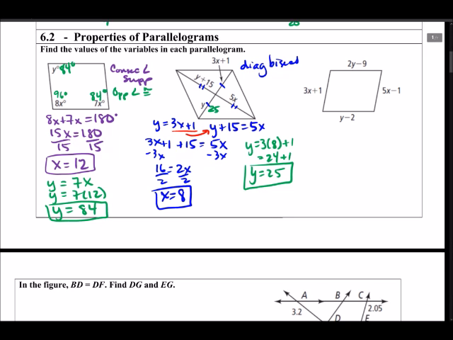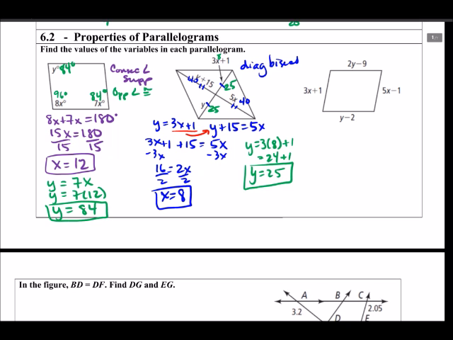What's x? 3 times 8 is 24, plus 1 is 25. Of course it is. And 5 times 8 is 40, and 25 plus 15 is 40. So yay, it all works out.